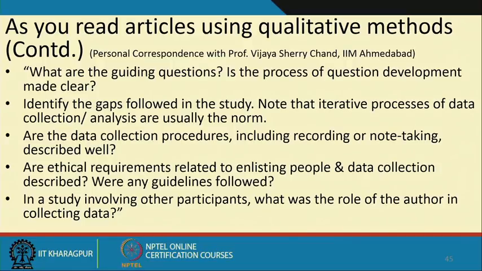Are the data collection procedures, including recording or note taking, described well? In qualitative research, extensive notes need to be taken and extensive recording needs to be done. So, has that been described well or not? Are ethical requirements related to enlisting people and data collection described? Were any guidelines followed? Then, in a study involving other participants, what was the role of the author in collecting data?